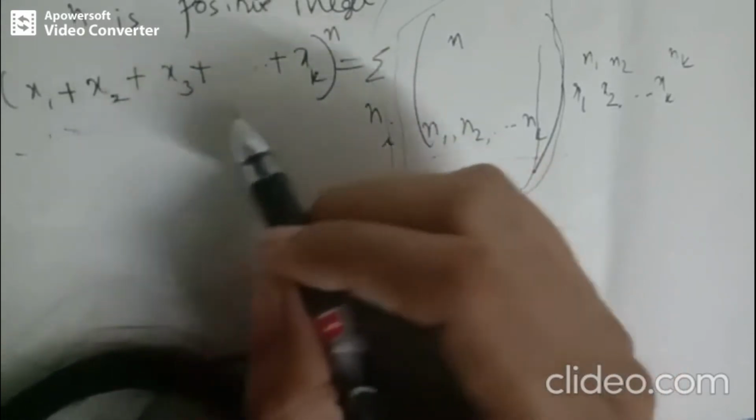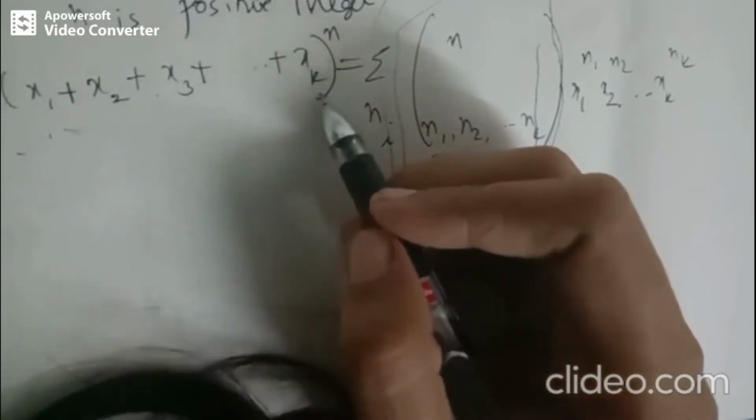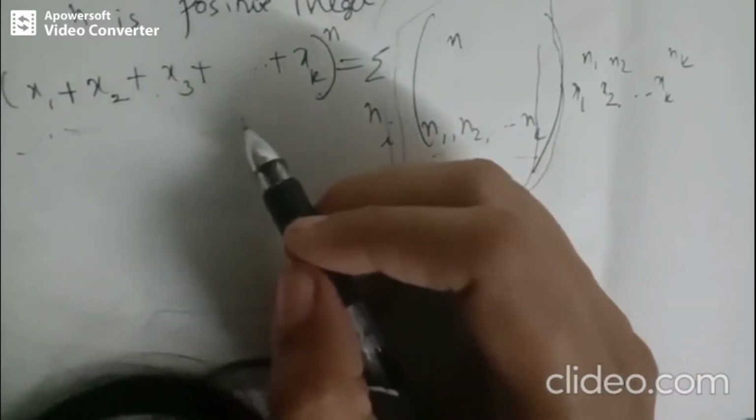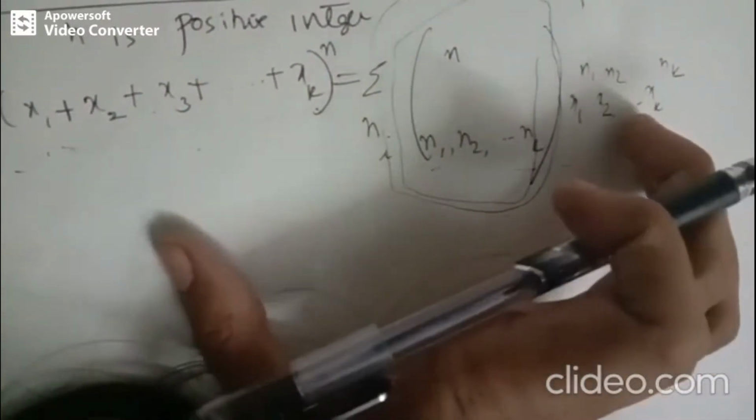Then we have to apply this formula. Based on the number of terms, we can decide whether it belongs to the multinomial or the binomial category. Once we know it, we write the formula. So this entire thing represents the multinomial theorem.